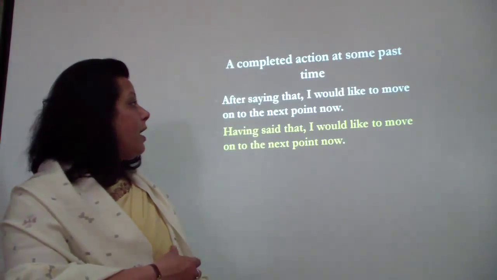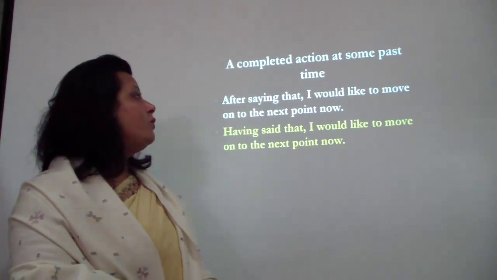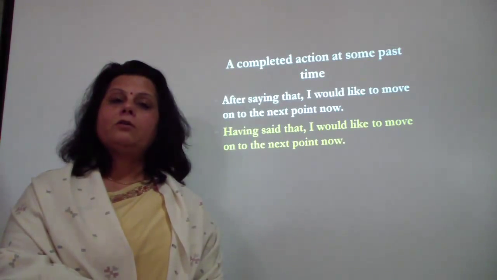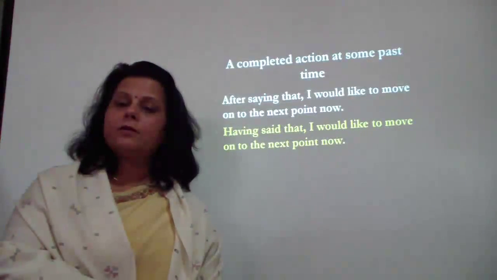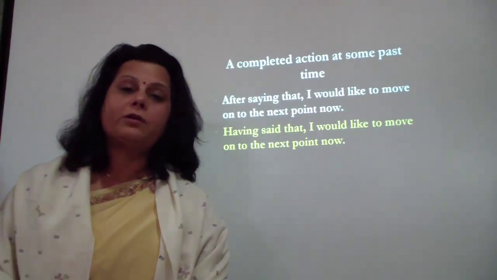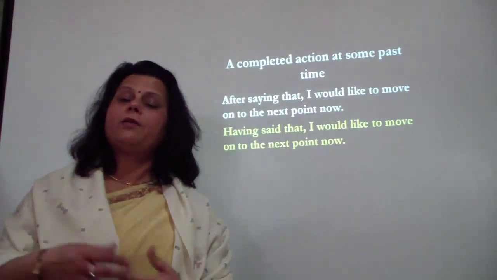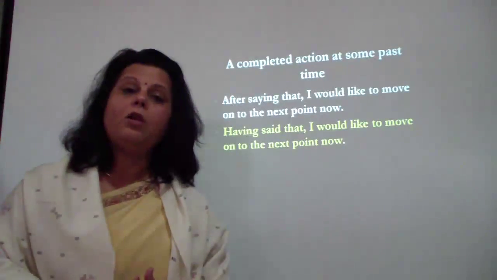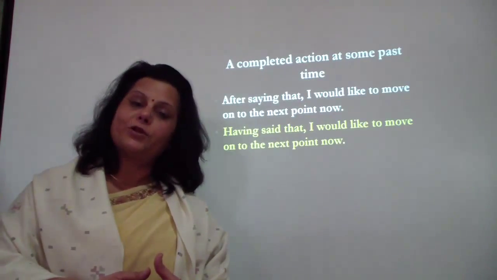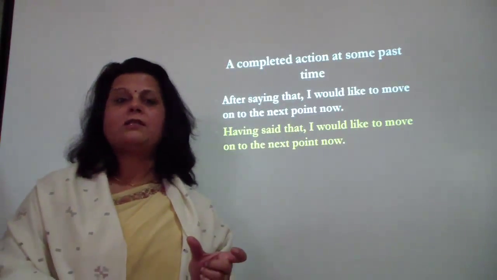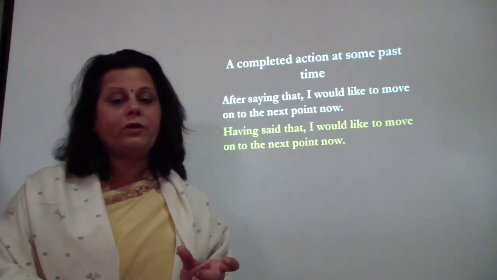And then after saying that, I would like to move on to the next point now. So having said that, the next action is, no. Having said that, the next point is, no. Having said that, there are various other things to be looked at, no. These are all wrong sentence constructions because they have those dangling modifiers which have been explained in a different video.